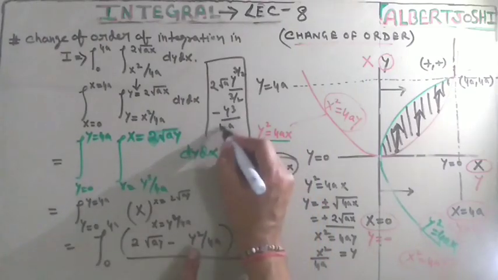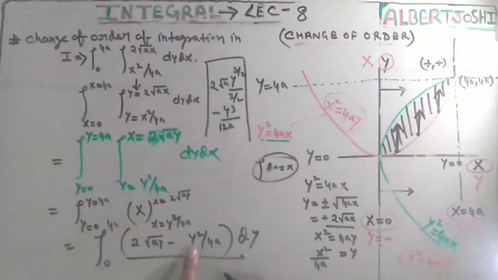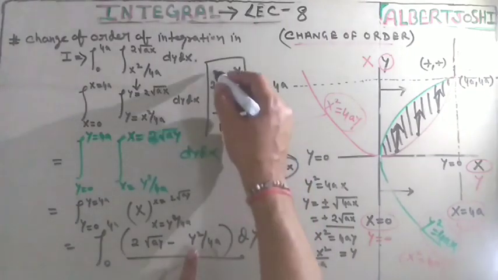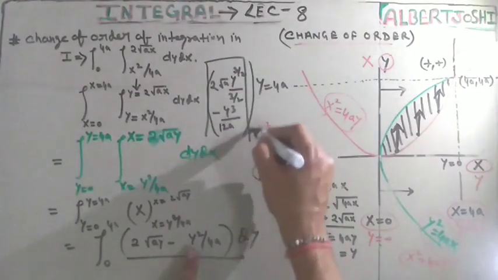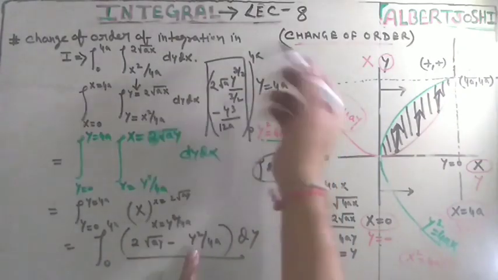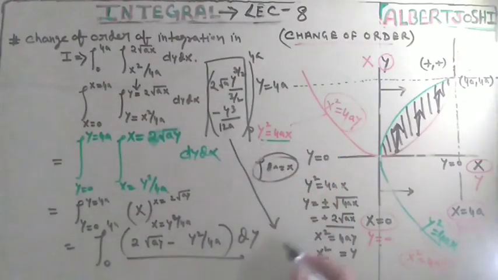So you are getting this. Now put the whole value from 0 to 4a, and you will get the result, which is 16a square upon 3.